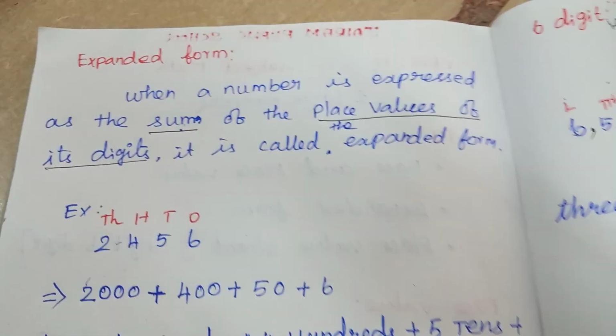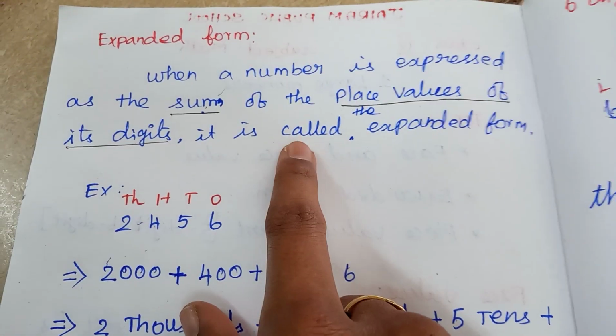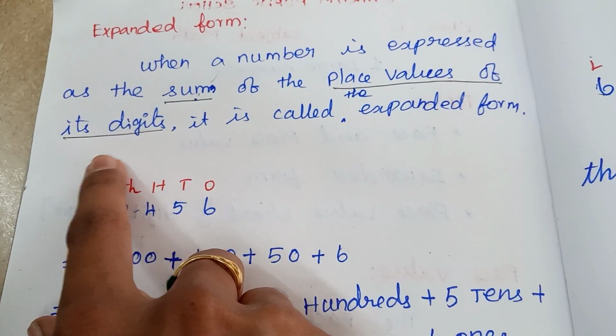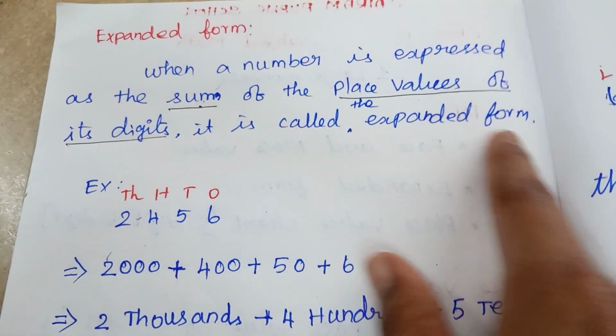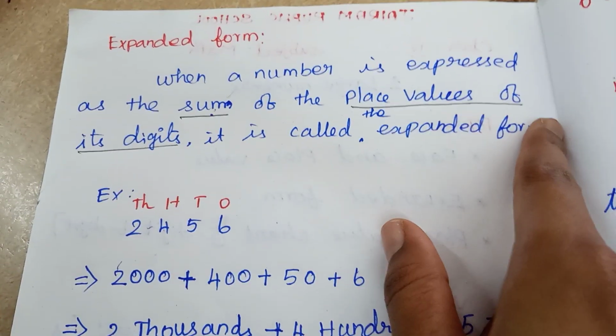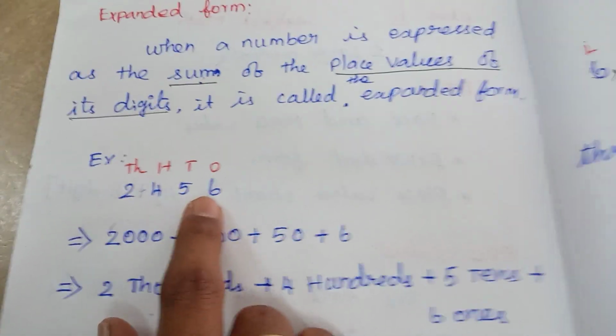Next we move to the expanded form. When a number is expressed as a sum of place values of its digits, it is called the expanded form. The key point is the sum of place values of its digits. Take 2,456.